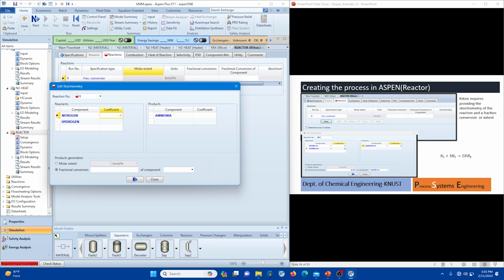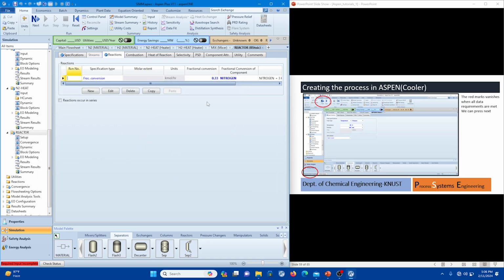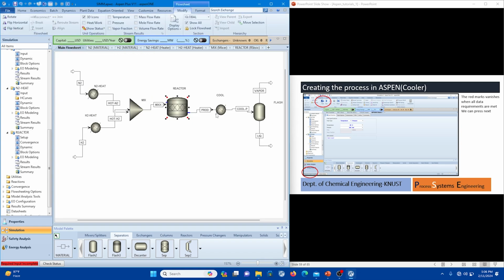If it's a reactant, you negate the coefficient. If it's a product, it stays positive. Fractional conversion: the problem gives 33% conversion of the limiting reagent, in this case nitrogen, so 0.33. That should be all for the reactor.